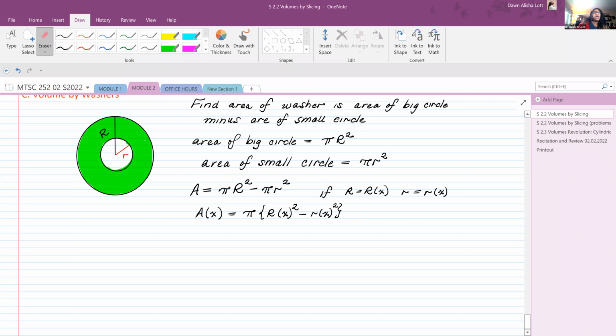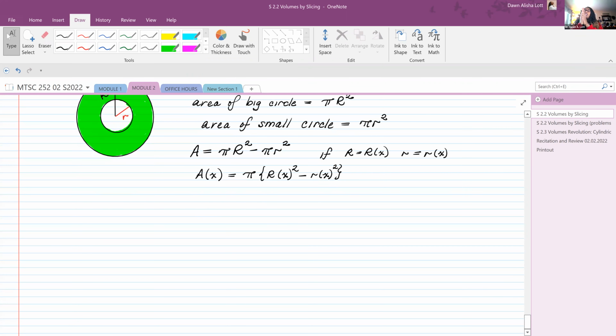Okay, so now if I have some washers and I stack them up alongside each other, then I can get a volume. So my volume, which is the integral from a to b of A of x dx, for washers becomes the integral from a to b of pi times big R of x squared minus little r of x squared dx.